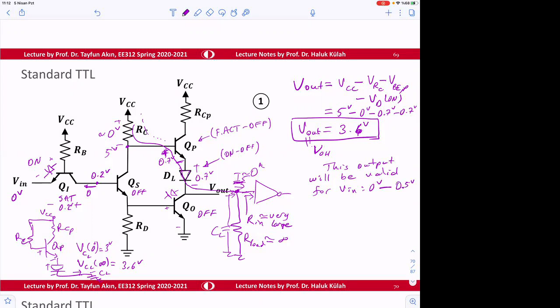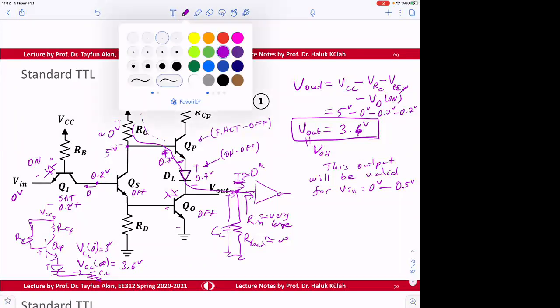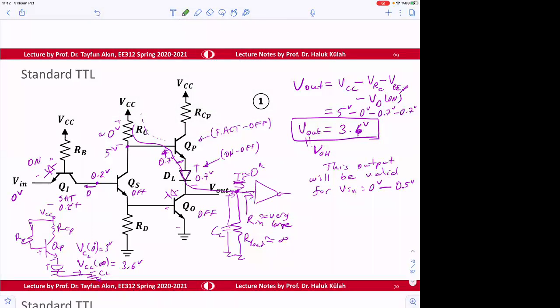If, for example, this is 0.4, everything is the same. This will be 0.6 volt, this will be off again, and this will be off again. However, for the output, when it reaches, let's say, 0.5 here, then this will be 0.7 volt.